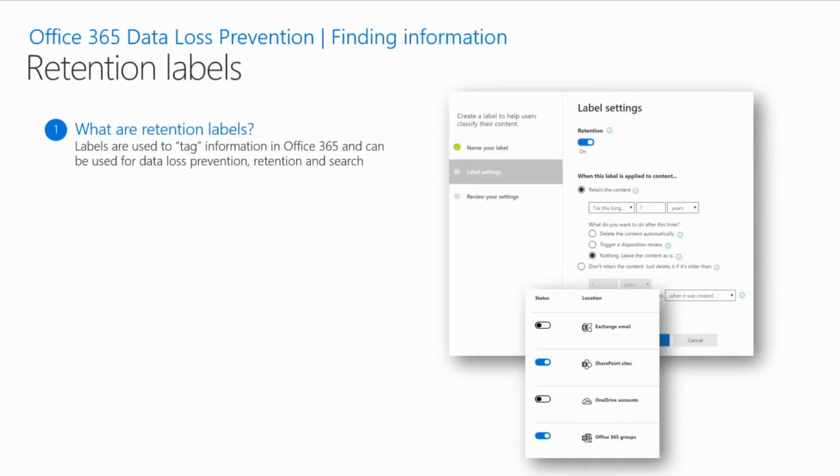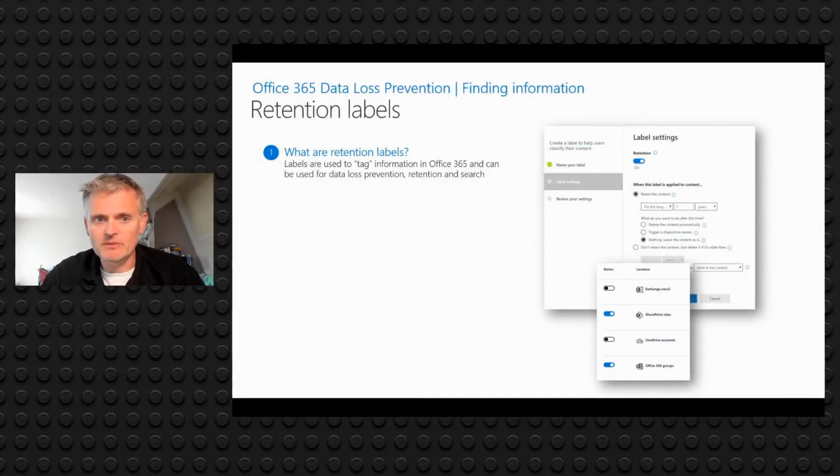So first of all, let's take a look at how a DLP will be able to detect your information. And like I said, we have multiple options for that. The first is retention labels. This isn't a session on retention labels as such. I do have another session on records management, Dispose with Care. I'll go into that retention label part a bit more in detail.